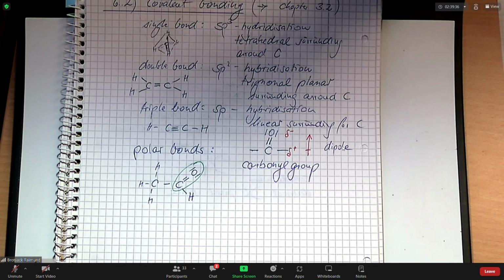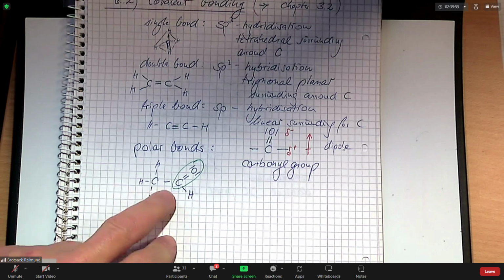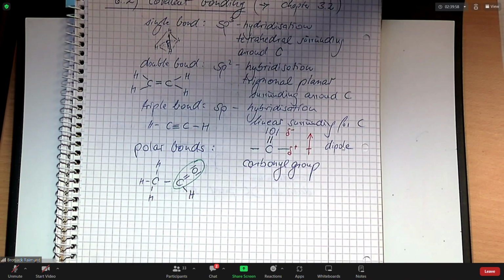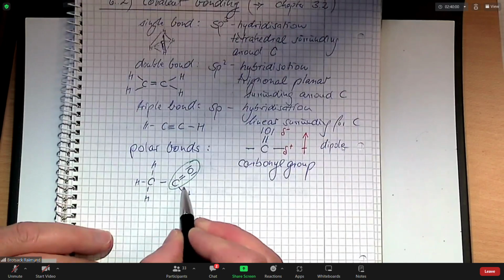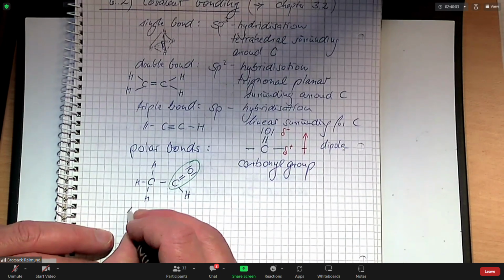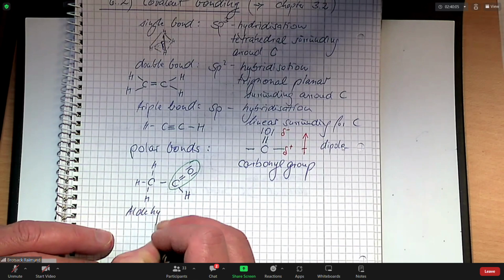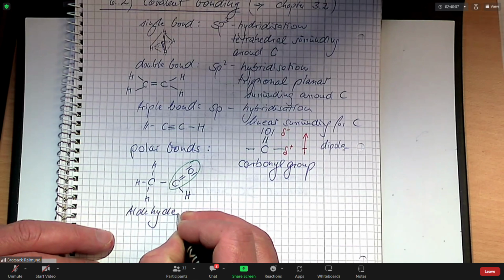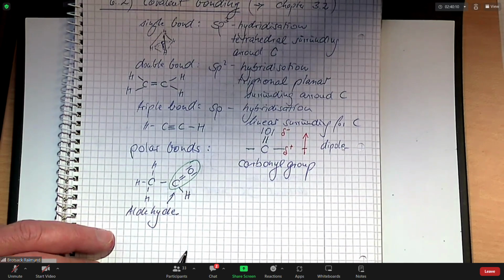So again, ethanol, no, this is not a ketone, it's an aldehyde. If it is at the end, we call it an aldehyde. So here it's ethanal, because it comes from ethane, but it's an aldehyde, because this is at the end.